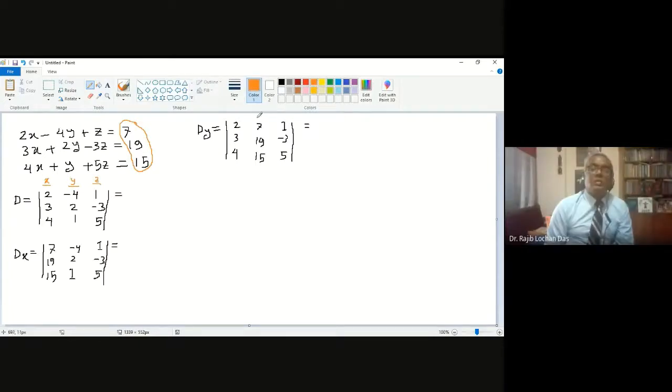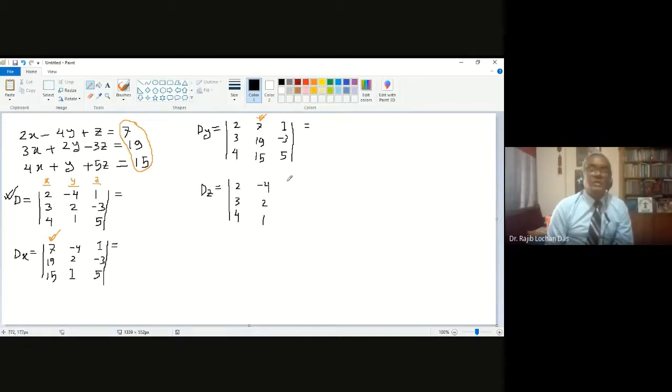Then you do the similar thing for dz. There is another determinant which is dz. So the dz determinant will have the first two columns the same, 2, 3, 4 and minus 4, 2, 1, from the original D. You keep the X column and Y column the same.